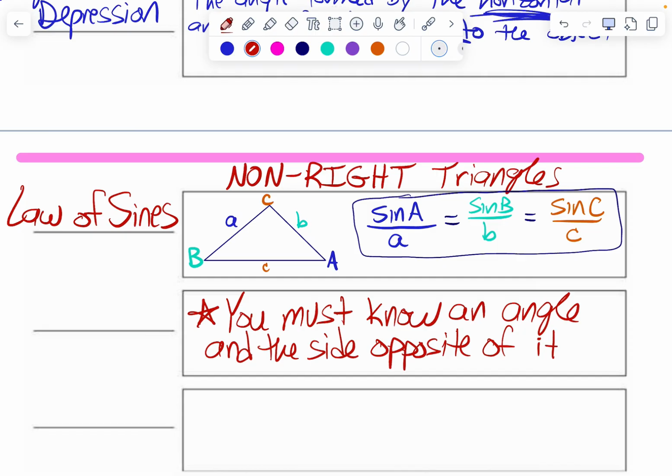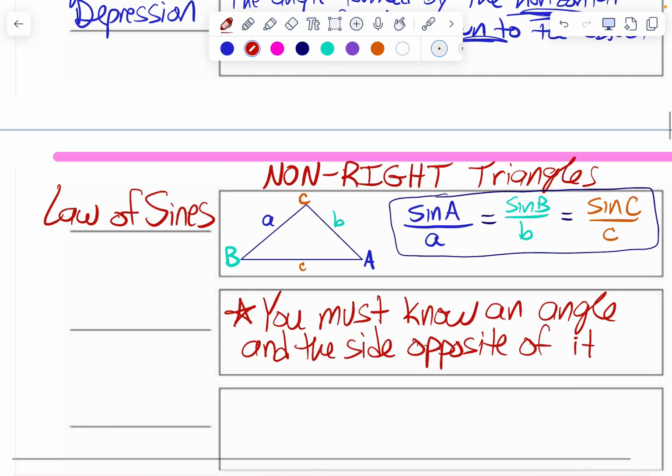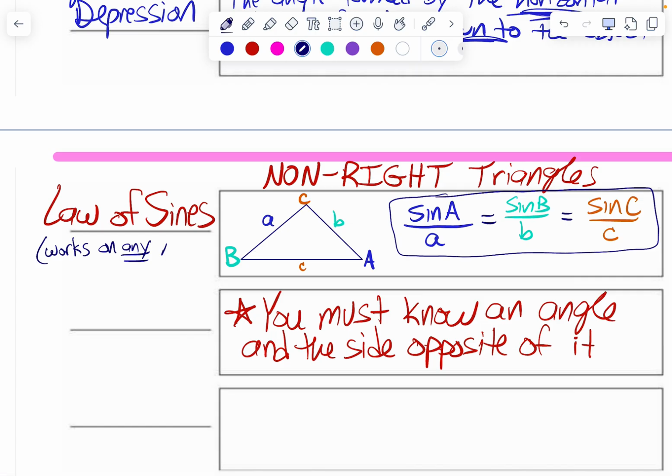If you know an angle and the side opposite of it, you can use law of sines. Okay, last thing we're going to write, I'm going to put it underneath. And that is works on any triangle. Which means all of this work that we've been doing with trig ratios so far, we could have done with law of sines as well. But it's not necessarily faster to do it that way.